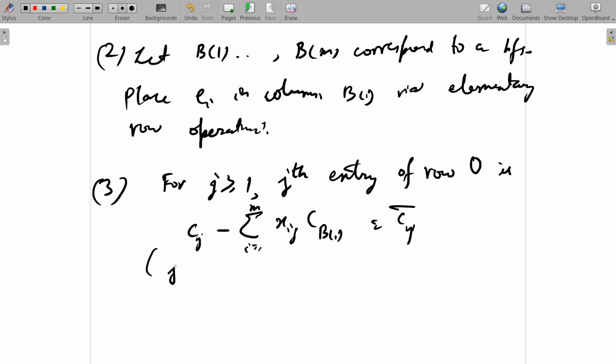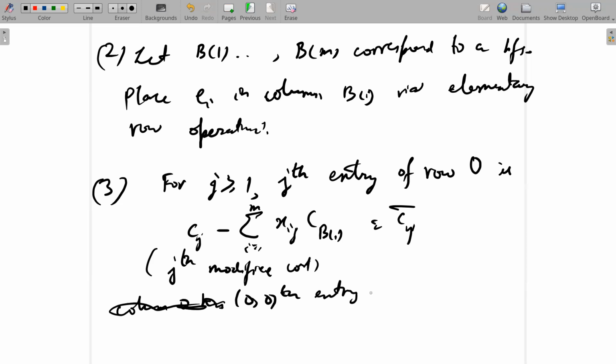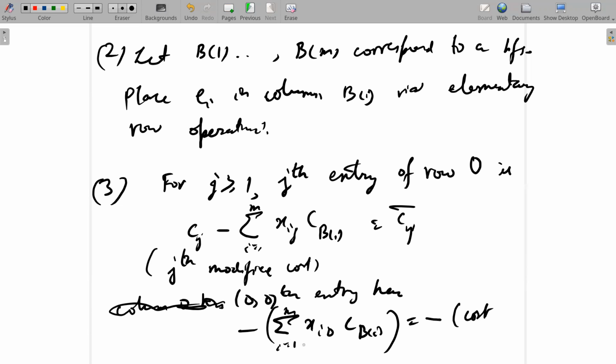So this is the jth modified cost. And the 0th entry is now converted: the 0th entry has minus the summation i equals 1 to m of xi0 CBi, which is precisely equal to minus the cost of the current BFS.